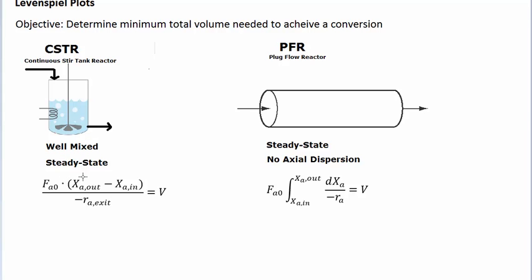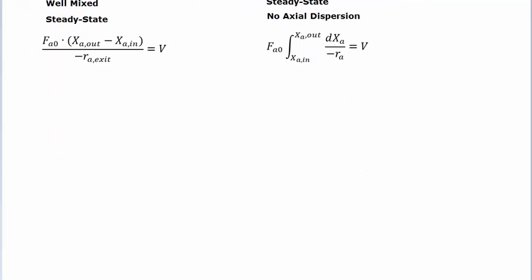So this is the nth CSTR. You're going to have an inlet and outlet conversion, and over here for the PFR you're going to have an inlet and outlet conversion. Notice that's the exact same design equation we had before. If you consider this as the first reactor, you just set this to 0, then it's going to be the incoming moles times conversion over the rate. So this is just a more general form of the design equations that we came up with a few minutes ago.